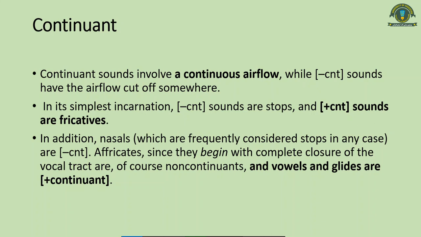There can be a very narrow passage for the air to escape. So in the simplest terms, we can say that all fricatives are plus continuant sounds, and all vowels and glides are also plus continuant sounds. So you have to see that there should be a continuous airflow.